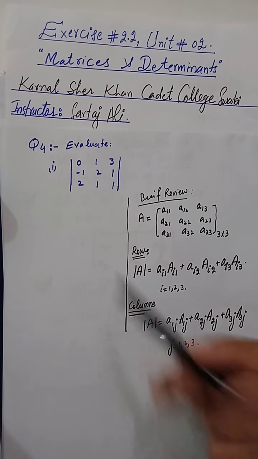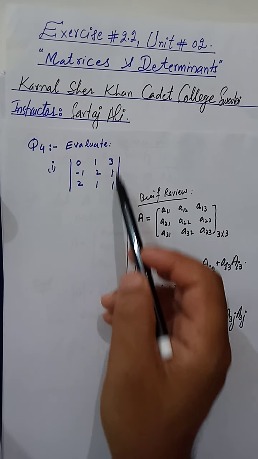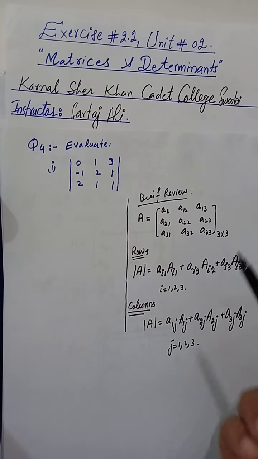Otherwise, if you expand it with the third row, third column or second row, you will get the same answer. But to reduce your labor and calculation, you need to choose such a row or column in which there are the maximum number of zeros.